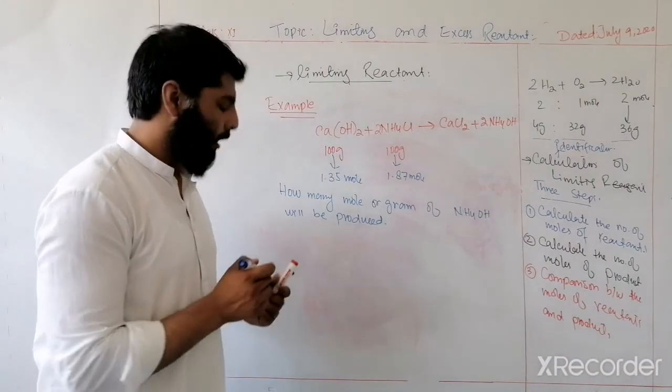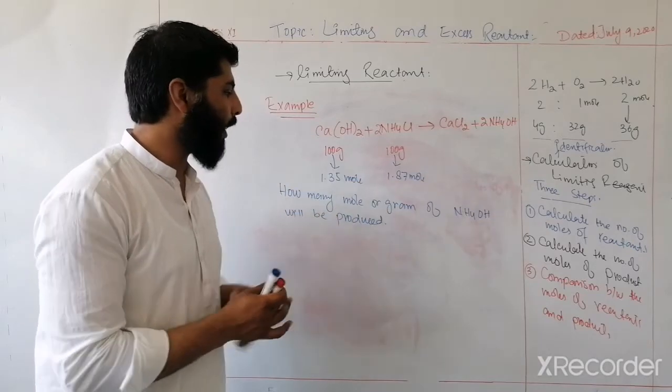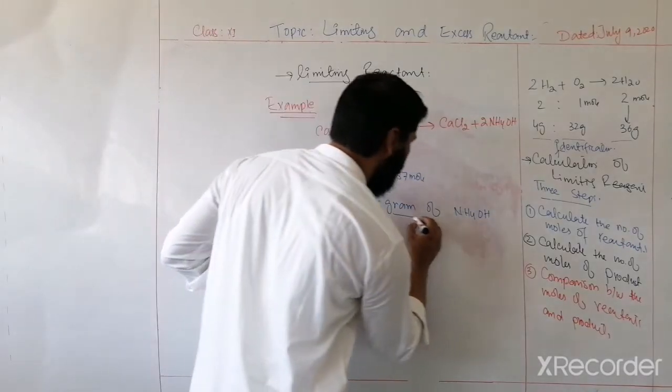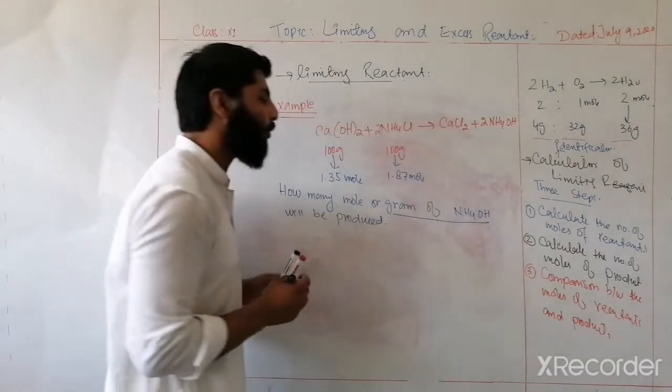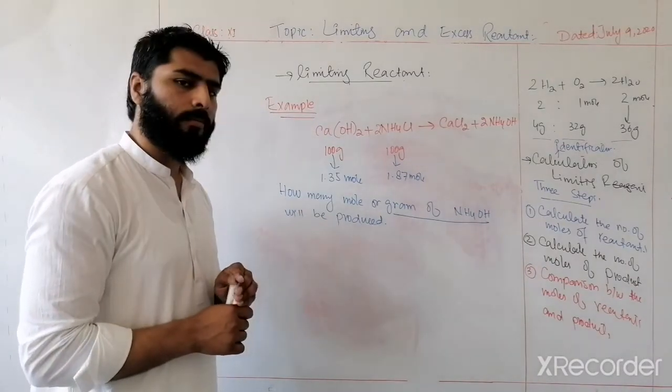Got the point? You are given these values and you are asked to find the number of grams or number of moles of ammonium hydroxide formed during this reaction.